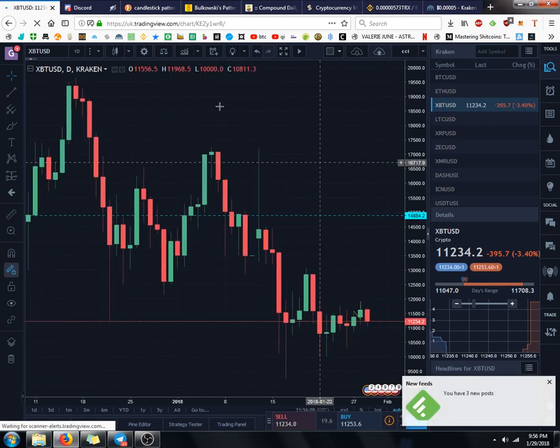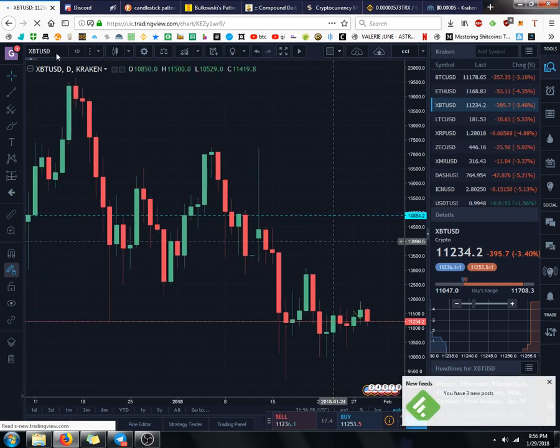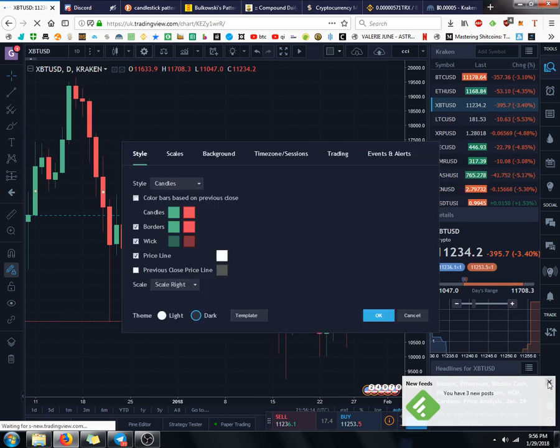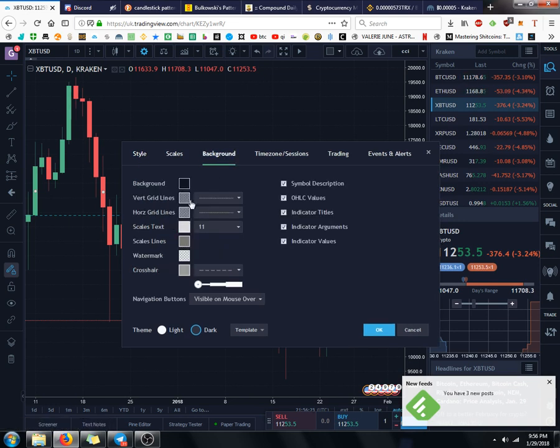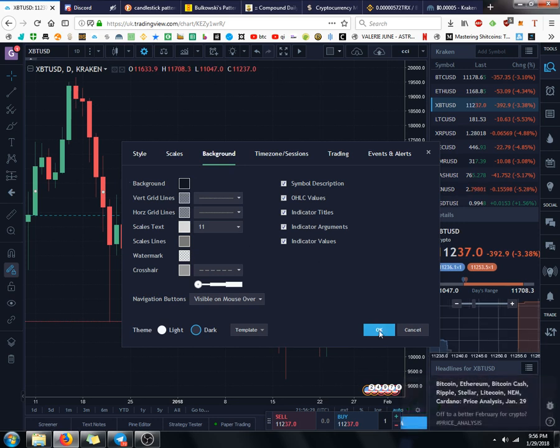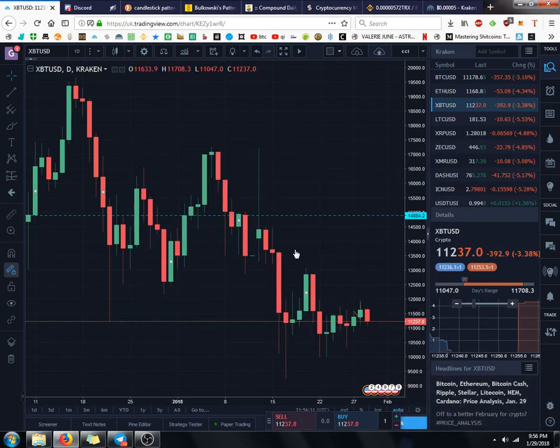When you first start it, you'll have a white background, but you can click this cog here. And you can change all the background. You can take that grid off. If you just make the grid lines black, it will hide it. I prefer black. It's easier on your eyes when you're staring at the screen for whatever amount of hours.